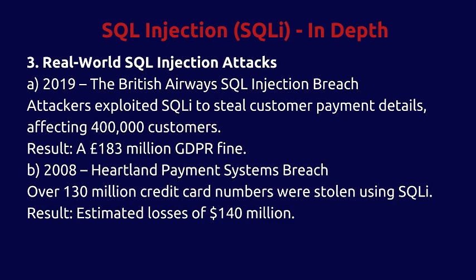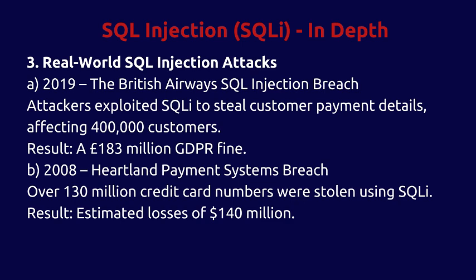As a result of that, a whopping £183 million was the GDPR fine. Now, in 2008, we had the Heartland payment system breach, where over 130 million credit card numbers were stolen using SQLI. What was the result? Estimated losses of $140 million.